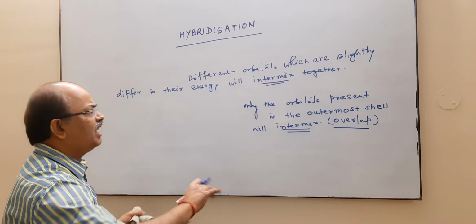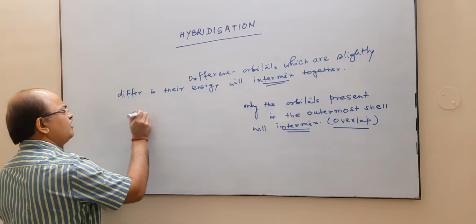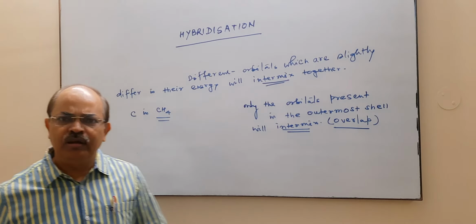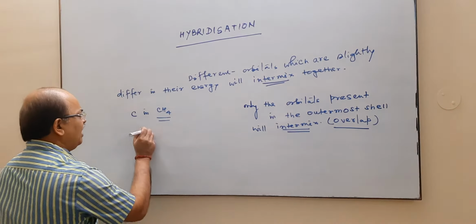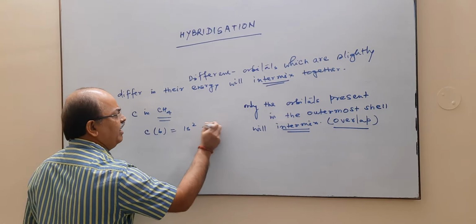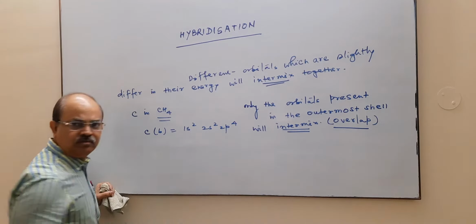Let us suppose carbon in methane. So you know carbon is atomic number 6, it is 1s2 2s2 2p2.